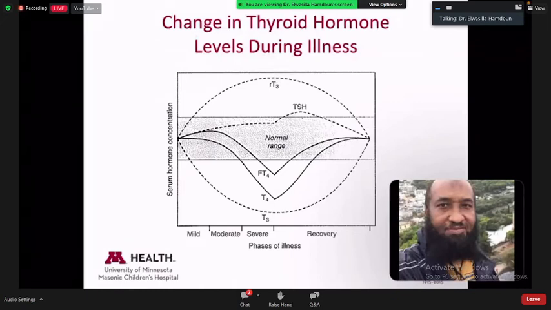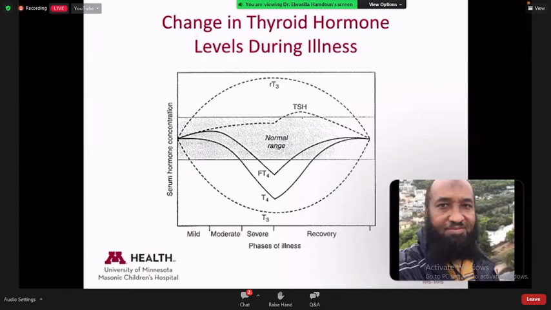From early mild to moderate to severe, the TSH remains in the normal range, so it's not much affected. But you notice that the free T4, total T4 and T3 take a dive. They gradually get lower as the severity of the illness progresses. Then they go into recovery, and they go back to normal levels during the recovery.